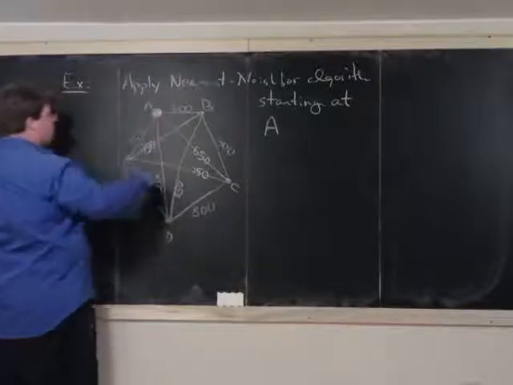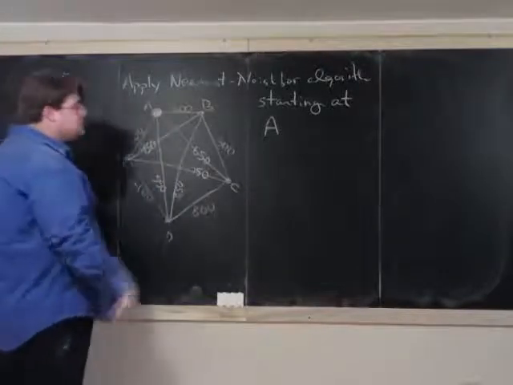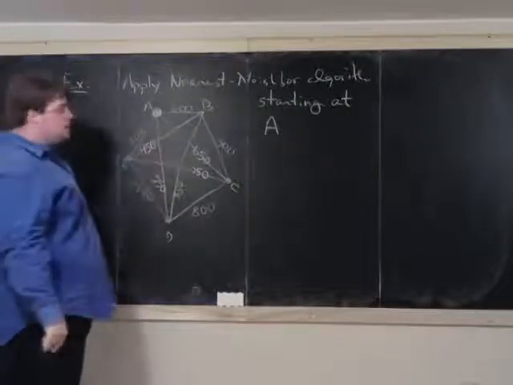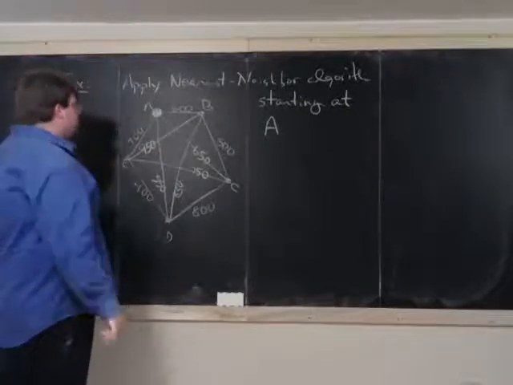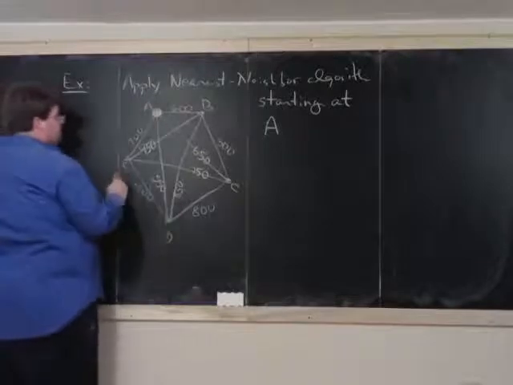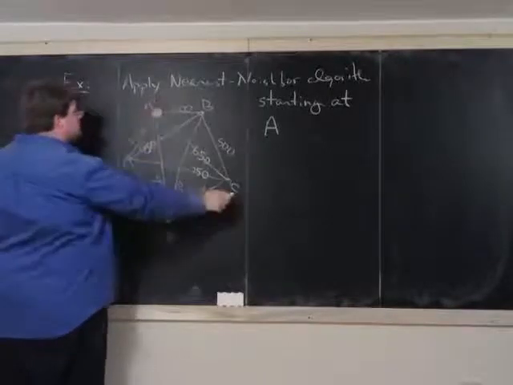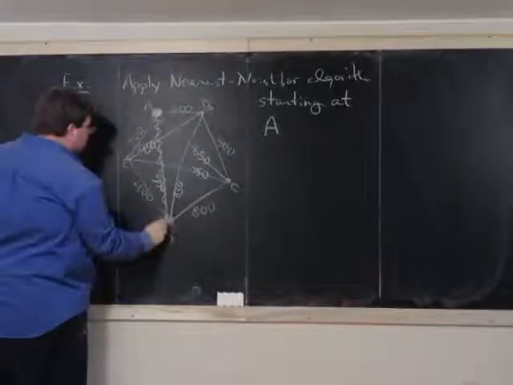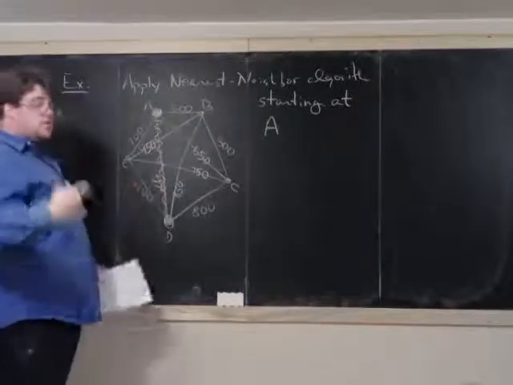Well, look at the 4 things going out of A. This is the complete graph on 5 vertices, so we have 4 things coming out of each vertex. 700, 550, 650, 600. 550 is the smallest.